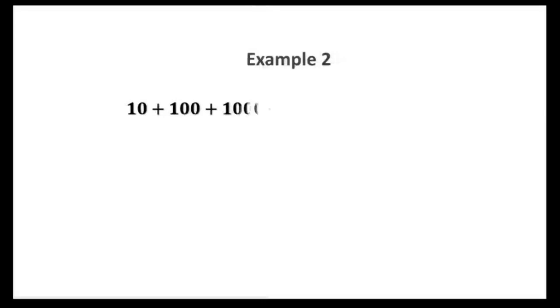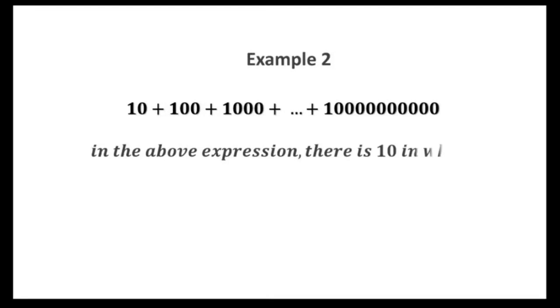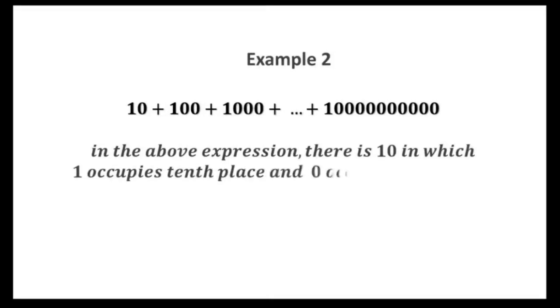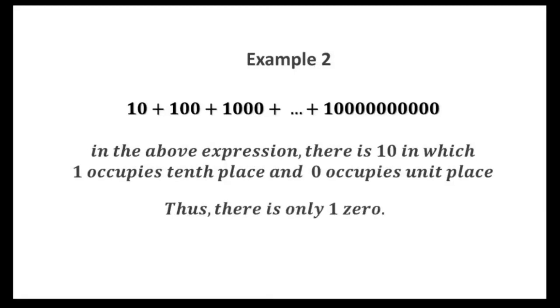Also in example 2, we have the sum of 10, 100, 1000 and 10 billion. In this case, 10 occupies the tens place and 0 occupies the unit place. Thus there is only one zero in this example.